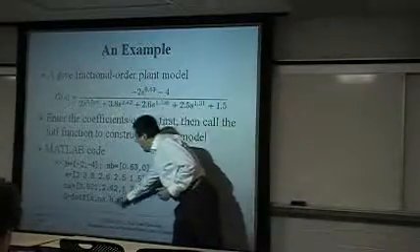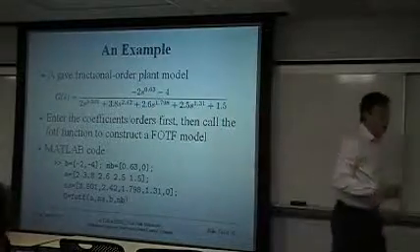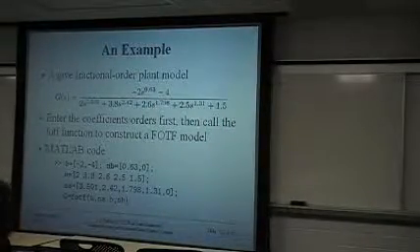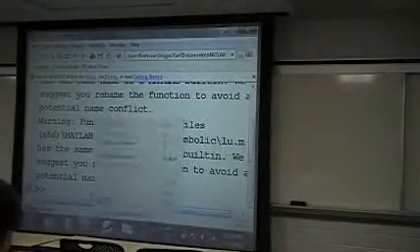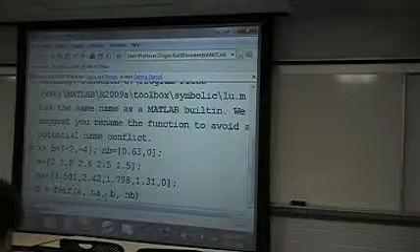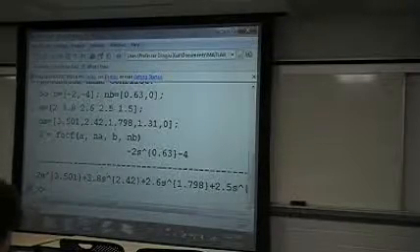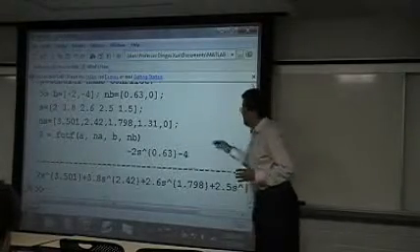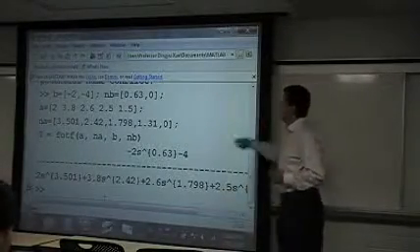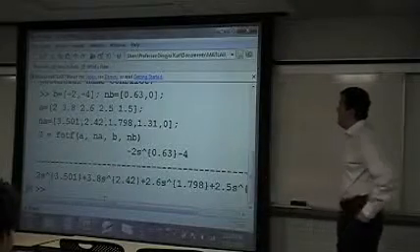Then we can call a FOTF function to create such an object inside the Matlab environment. So the command we use should be like this, and then you will get a transfer function block inside Matlab, which could be the same as the one I specified in the example.